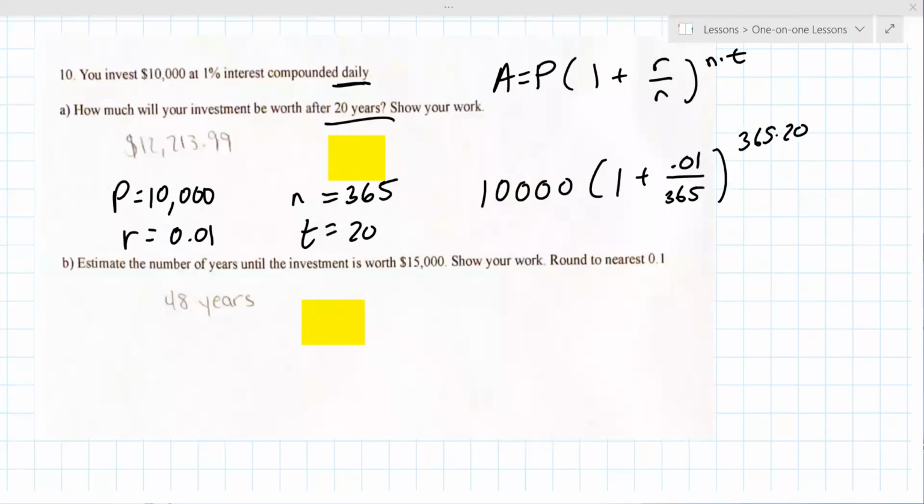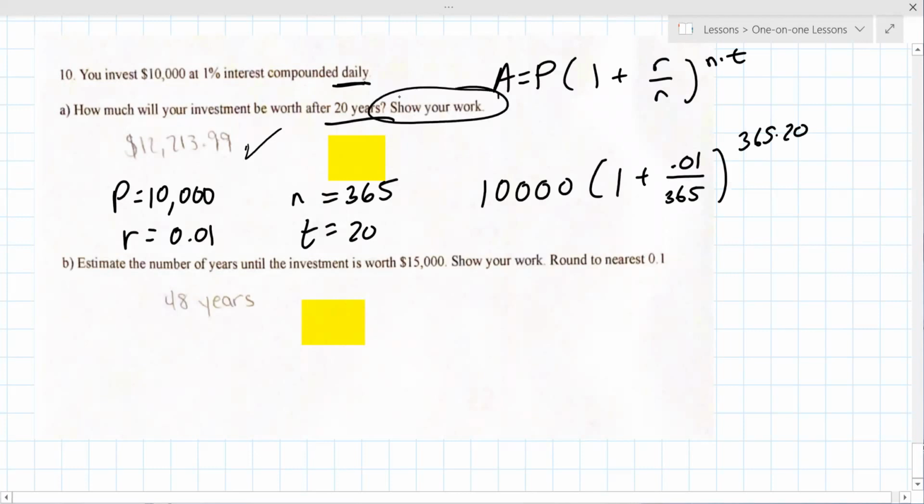I used an online calculator to get $12,213.99. See, it was right. Show your work. I didn't show my work because it did not work. Yeah. All right. So now you've got to figure out how long until it's worth 15,000.